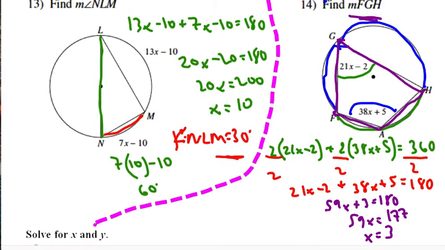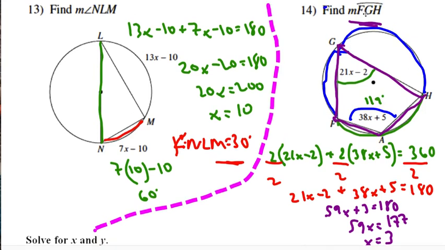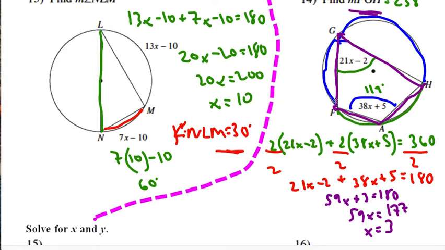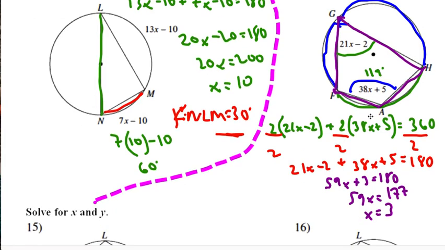So if I plug 3 into 38x plus 5, 38 times 3 plus 5, I get 119 degrees, which means that arc FGH would be equal to 2 times 119, or 238 degrees. So twice that subtended arc. That's twice the inscribed angle equals the subtended arc.